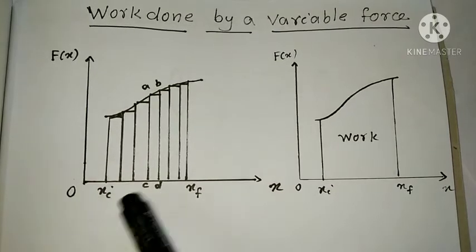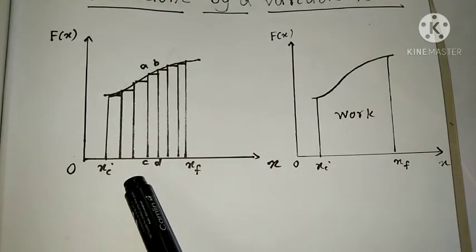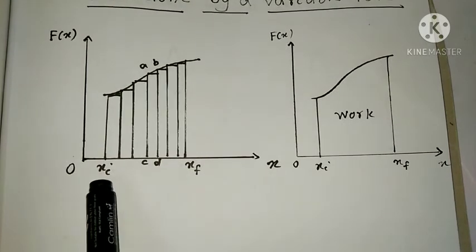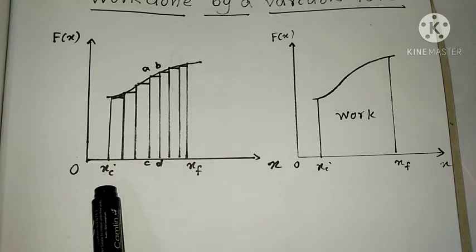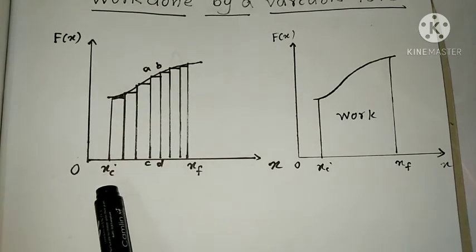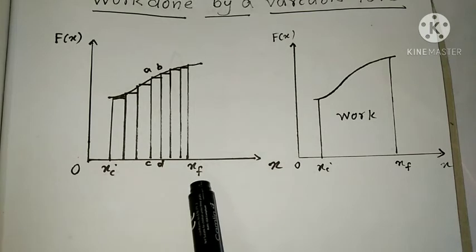So, look at this graph. Suppose an object's initial position is xi. From the initial position, the object moves through a distance and reaches the point xf.